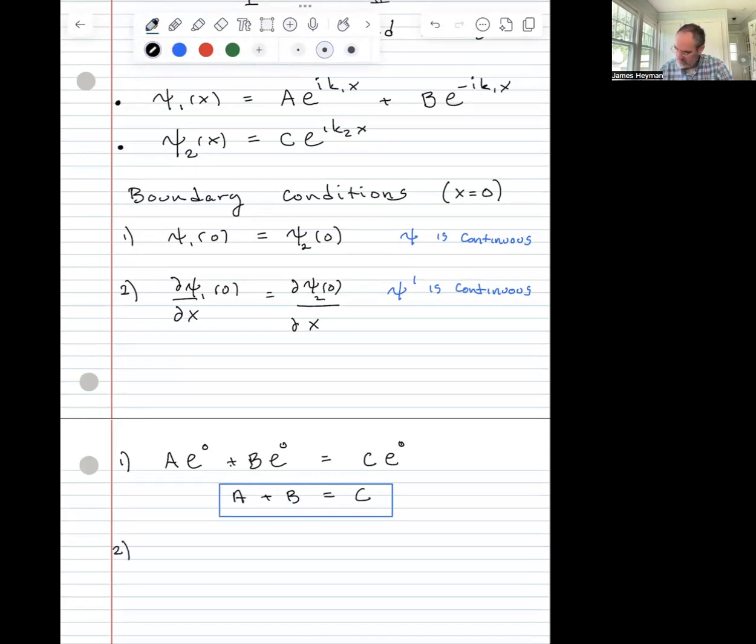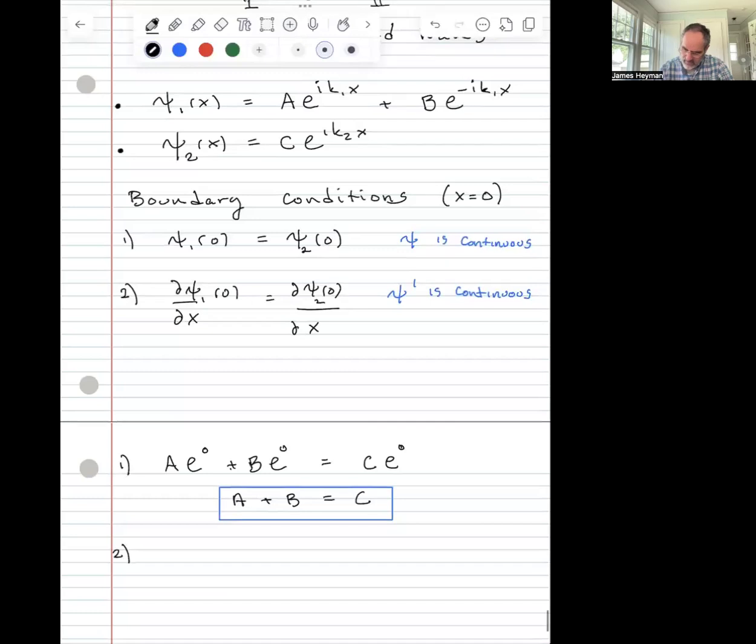Here, let's look at boundary condition 2. So, coming back to the wave function we've written down here, we have to take its first spatial derivative on the right side and on the left side in order to impose this boundary condition. So the first spatial derivative of A e to the i k x is i times k1 times A e to the i k x, but x is 0.